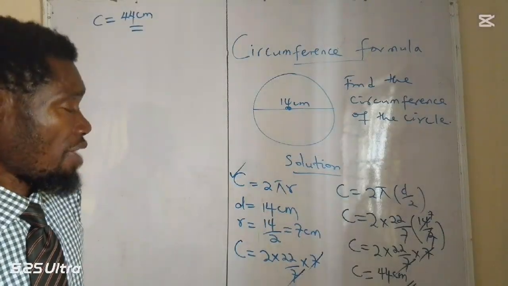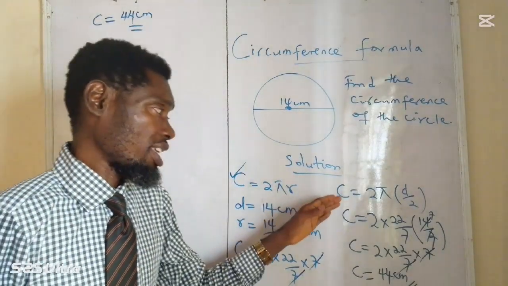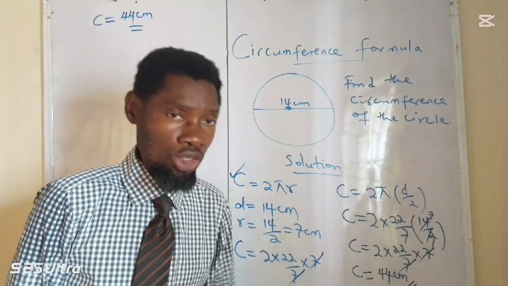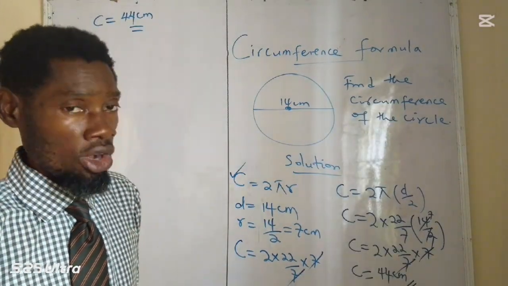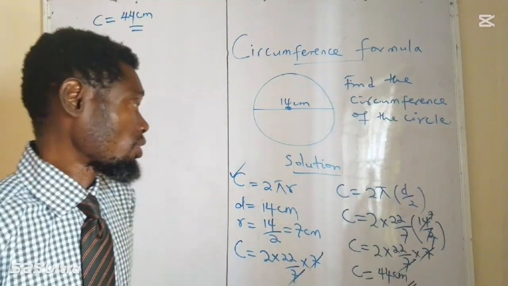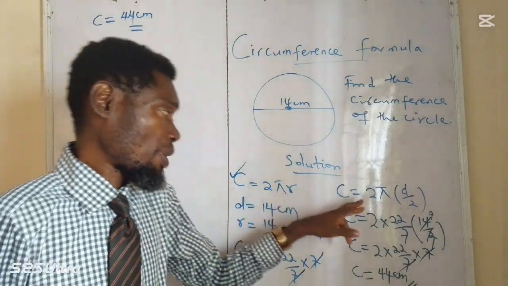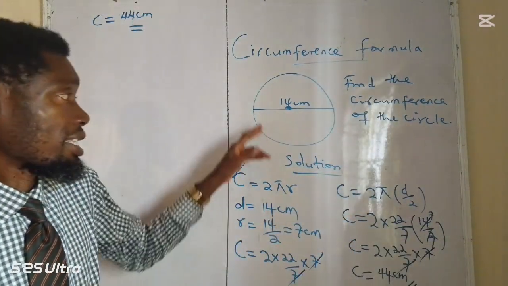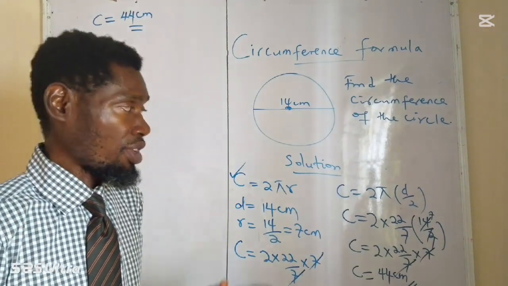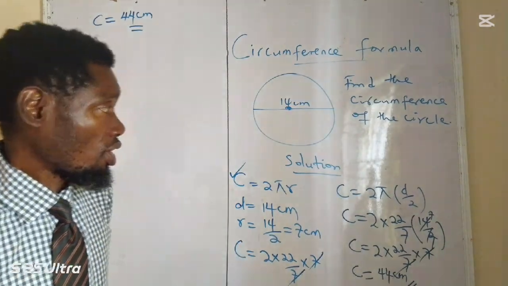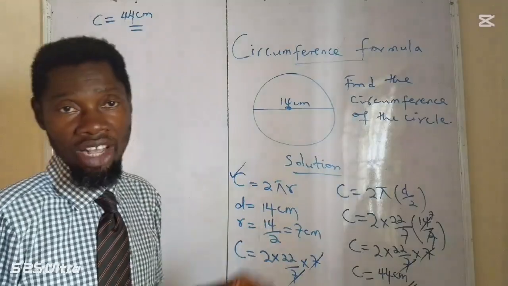If you choose the second formula, C is equal to 2 pi into d over 2, it is okay, provided you're dividing properly. These formulas are especially used when the diameter is given to you. I want to believe you understood the solving of this simple problem in circumference.